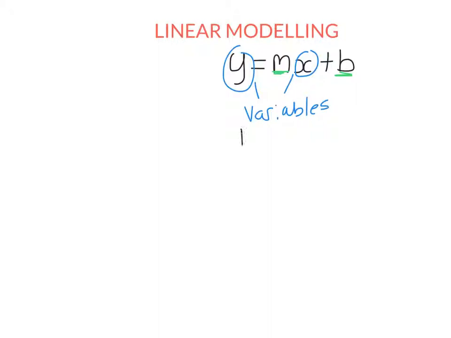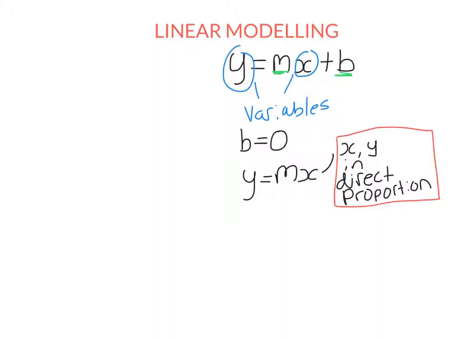Now, if b is equal to 0, in this case, then we have y equals something times x. In this case, we say the two variables x and y are directly proportional. So an example of this would be, say, when you work. Let's say you earn $10 an hour.